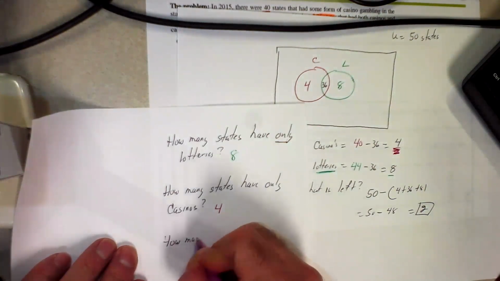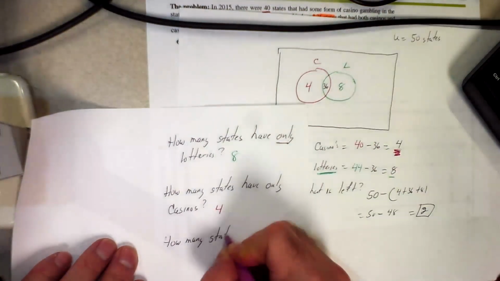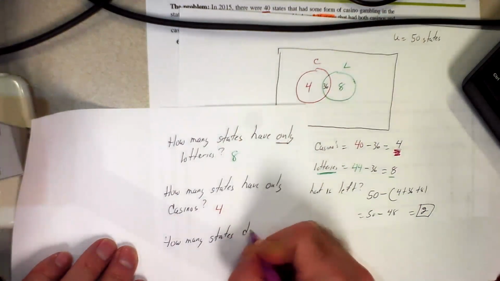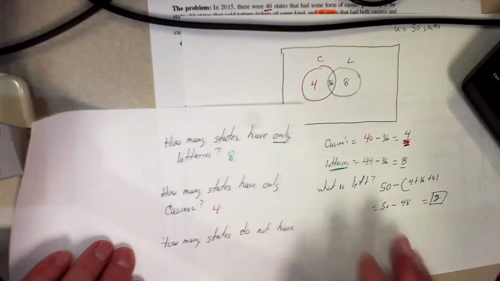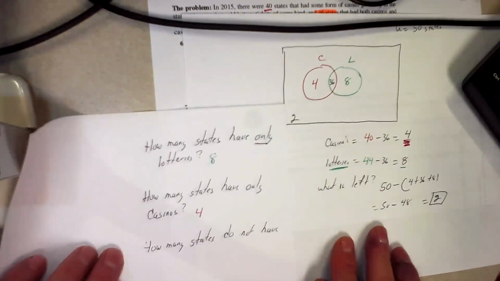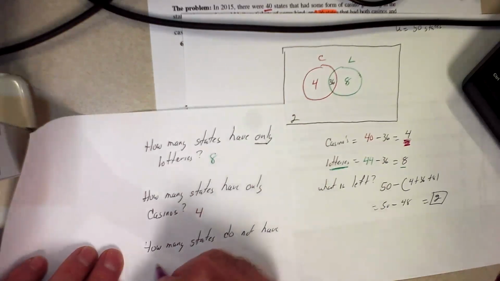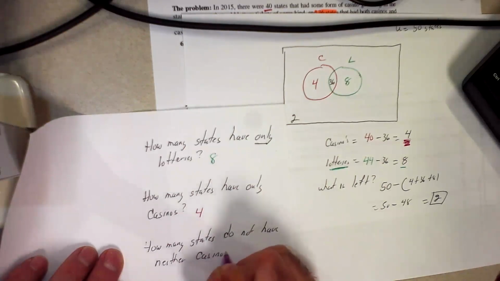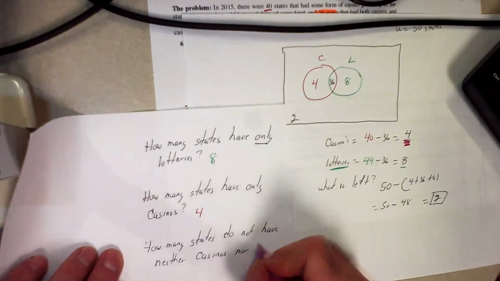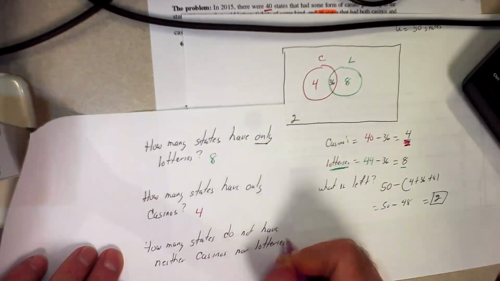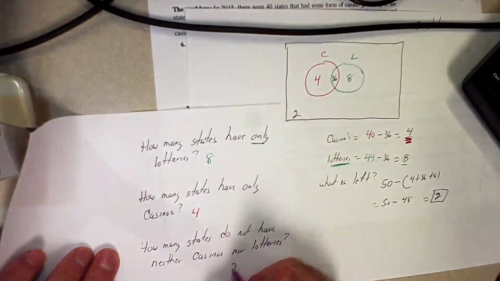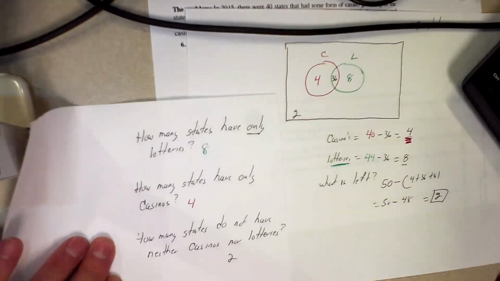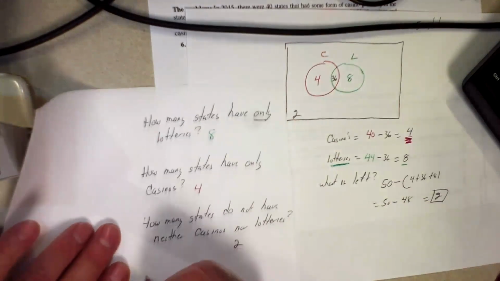How many states do not have casinos nor lotteries? Well, that would be 2. And I can ask the last one.